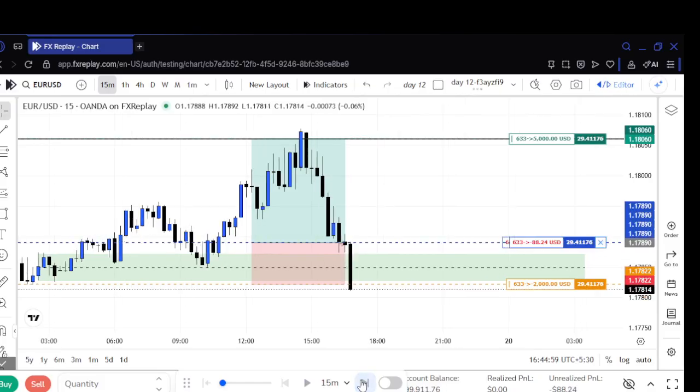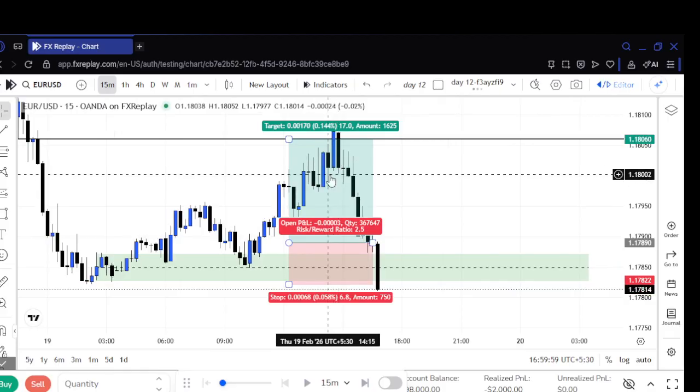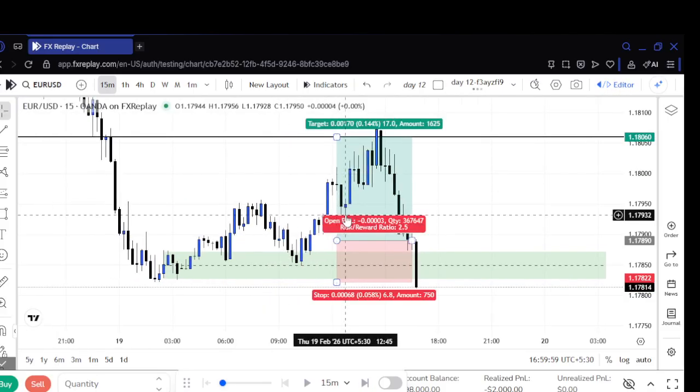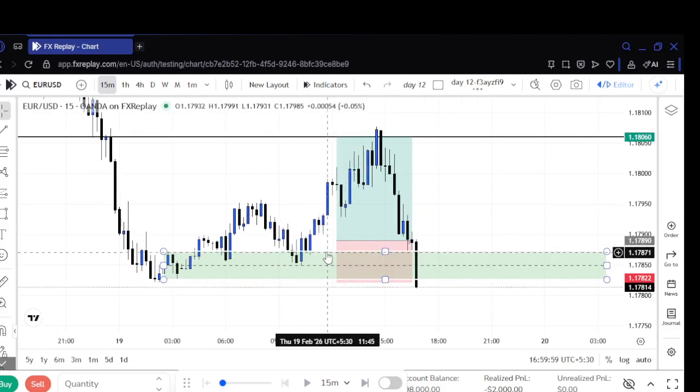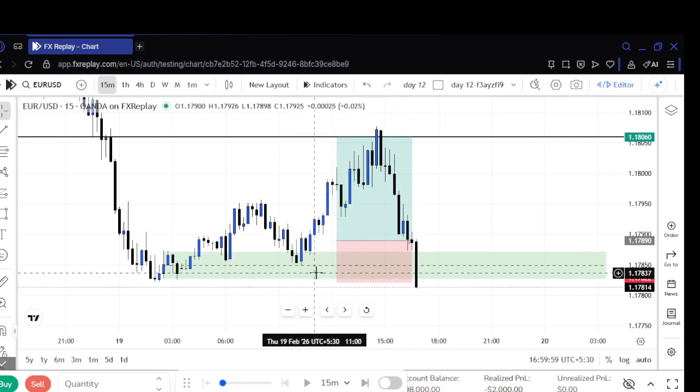We got triggered. Okay. The thing is, as we see here, it went for our liquidity, but we did not get entry here. It has taken the liquidity, but it came down and it took our SL.